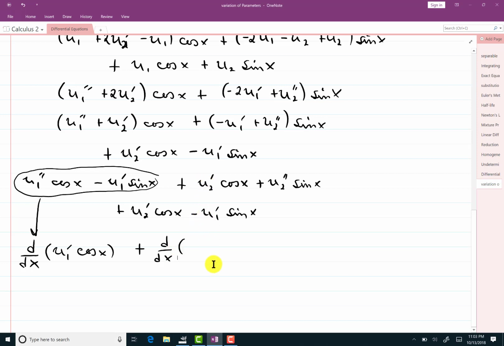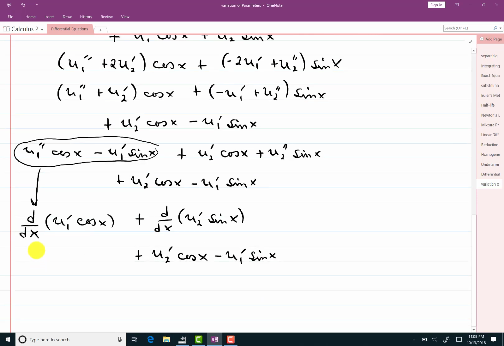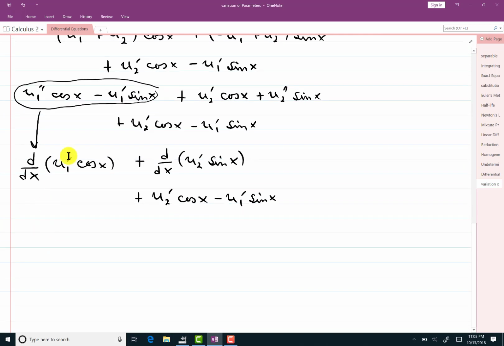There I'll get u2 prime sine of x, and I'll just make sure that works out. I have u2 double prime sine of x plus u2 prime cosine of x, and then plus this extra piece. Now let me go ahead and combine this stuff.